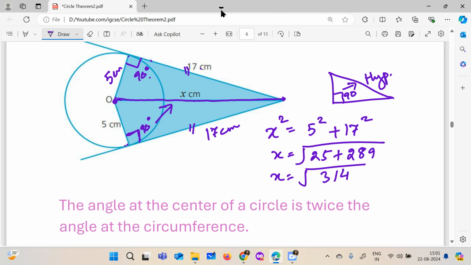What will be the square root of 314? You can check in your calculator, because this is not a square number, we will get a decimal: 17.72. So you can also write this as 17.7. So the value of x is 17.7 centimeter.